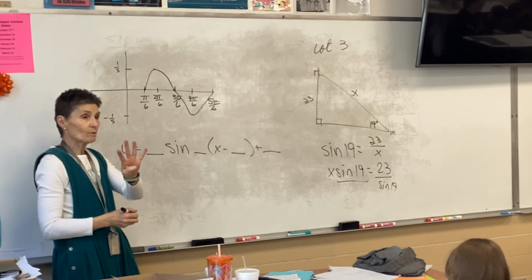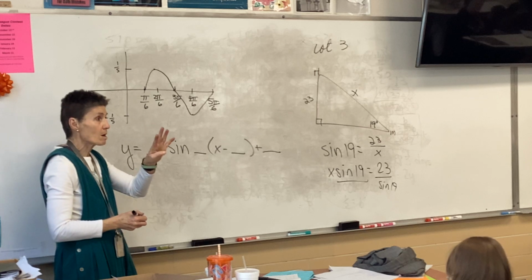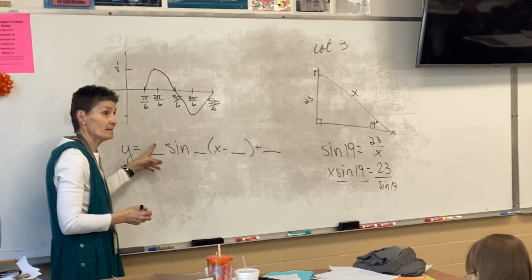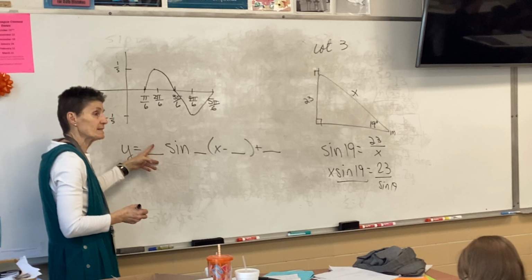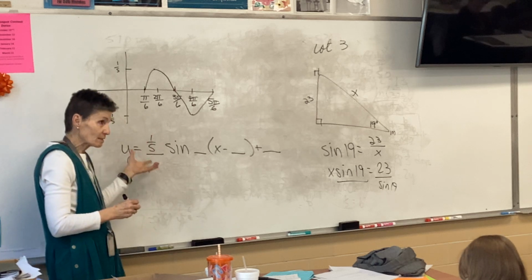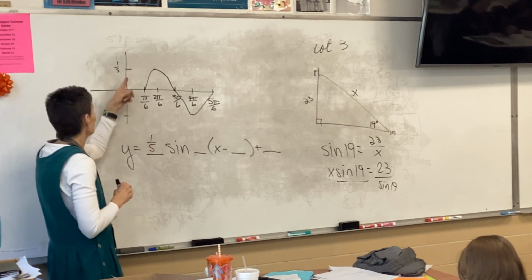So there are 4 things you have to pay attention to. This is the height of the curve. Our curve is 1/5, so that's my amplitude, 1/5.